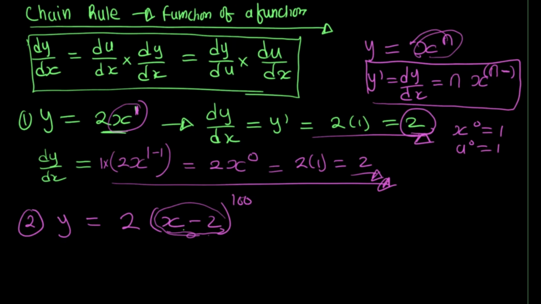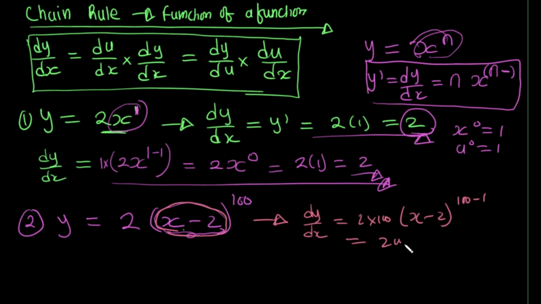If we apply the power rule, this will look something like this: dy/dx is equal to 2 multiplied by 100, (x minus 2) raised to the power 100 minus 1. This will give us 200(x minus 2) to the power 100 minus 1, that is, to the power 99.